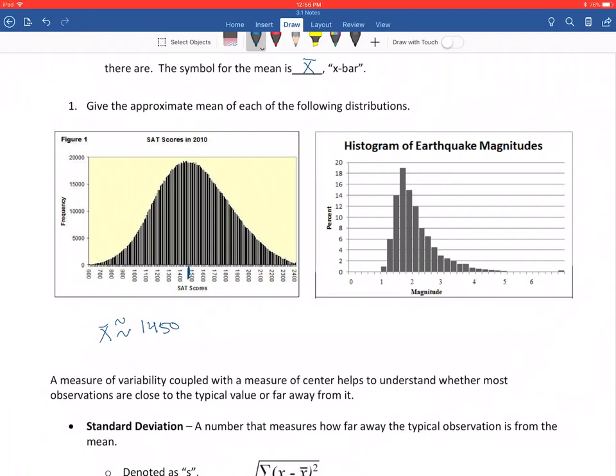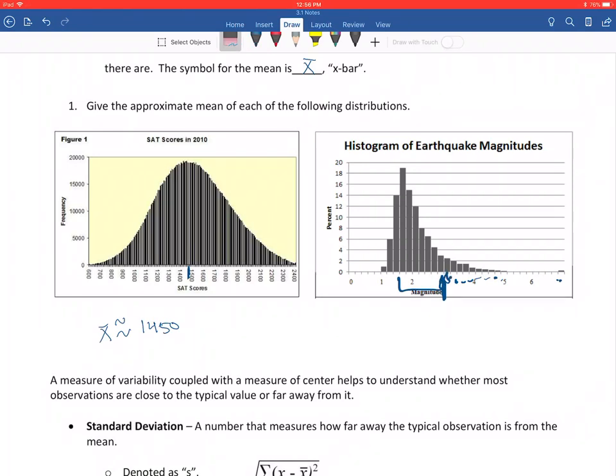However, over here, we've got a skewed distribution. We've got earthquake magnitudes. So we can see we've got a bulk of the earthquake magnitudes in this area here, and then we've got these ones that come off to the edge. It even looks like we have an outlier out here. So it's not going to be right in the center. Right in the center of these data values would maybe be somewhere over here. However, that's not the balancing point at all.